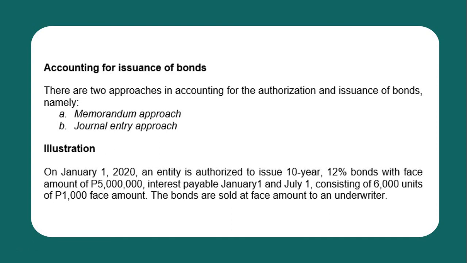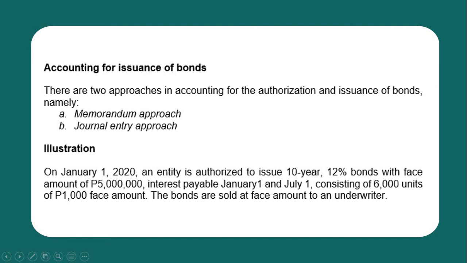For journal entry, there will be a journal entry provided when there is authorization and issuance of bonds. However, for memorandum approach, on the authorization of bonds, only a memorandum entry will be reported. Only the issuance has a proper journal entry for the memorandum approach.